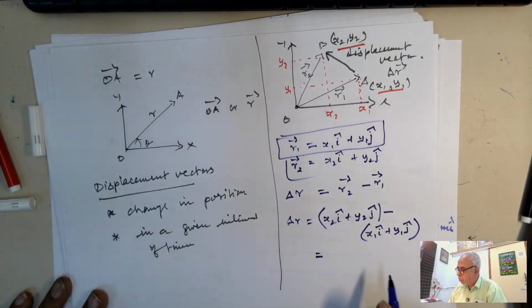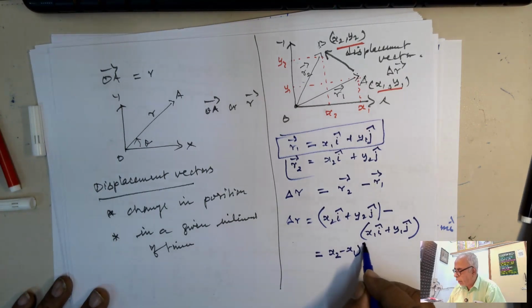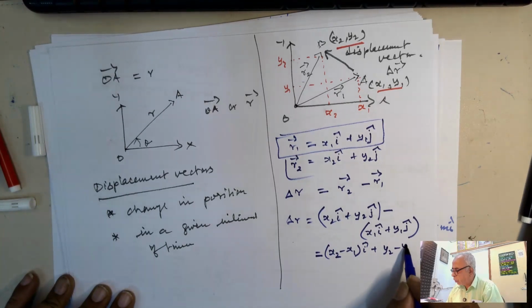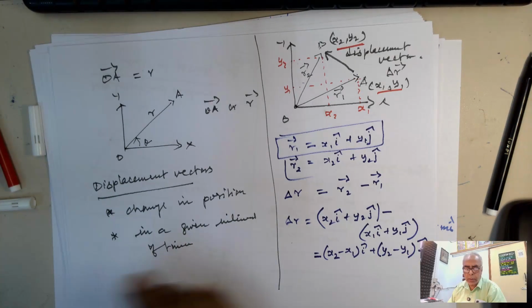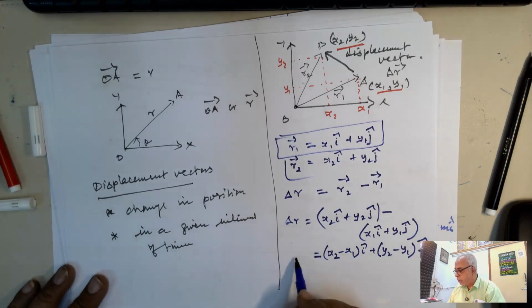Now this i cap being common, we can take outside the bracket also. So x2 minus x1 of i cap plus y2 minus y1 of j cap. And this is delta R.